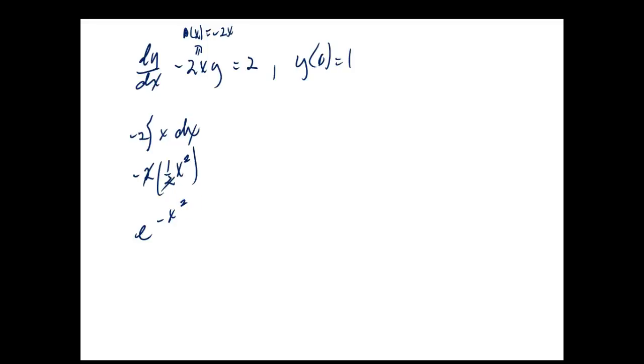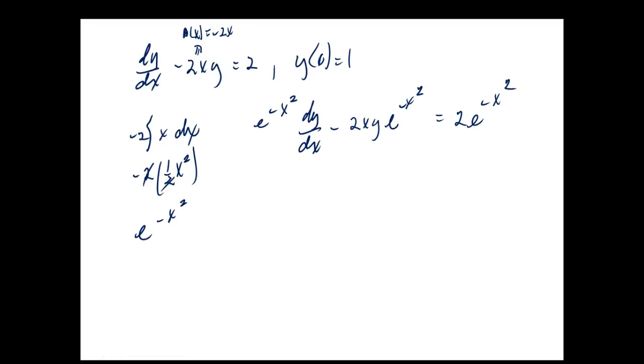Now, multiply everything on both sides by that. So that gives you e to the minus x squared dy/dx minus 2xy e to the minus x squared is equal to 2e to the minus x squared.